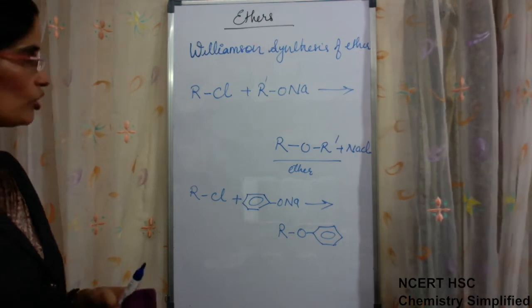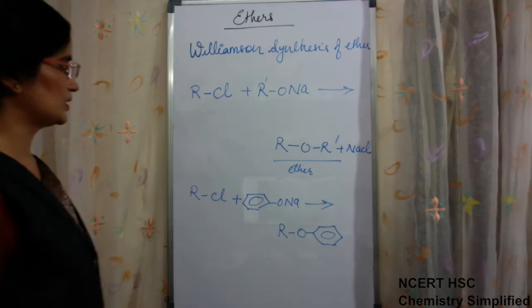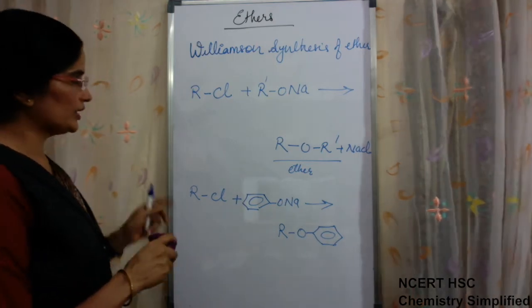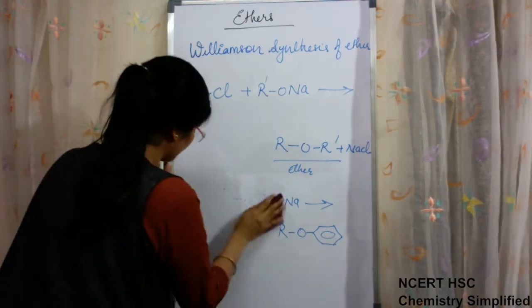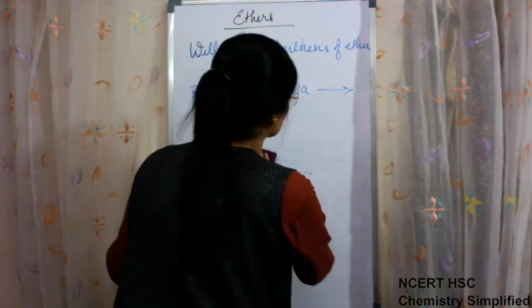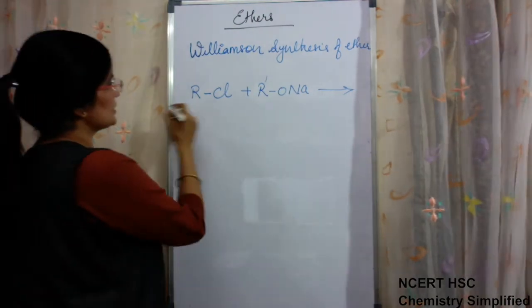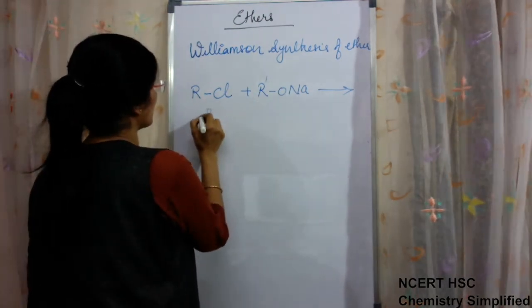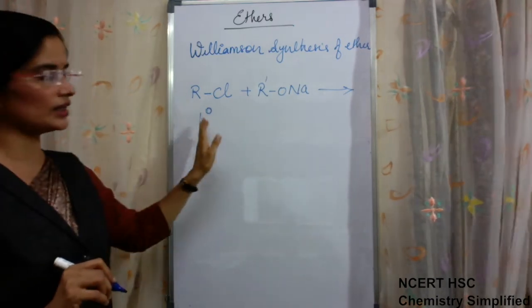Aromatic ethers can also be prepared by using Williamson synthesis of ethers. Again, important condition in this reaction also: if this reaction has to take place, the alkyl halide which we are using should always be 1 degree.